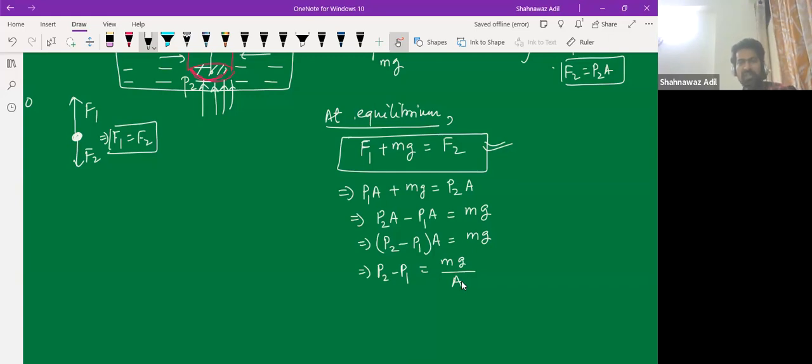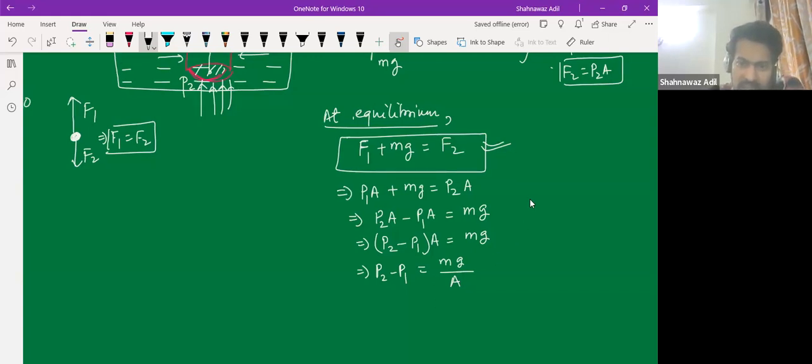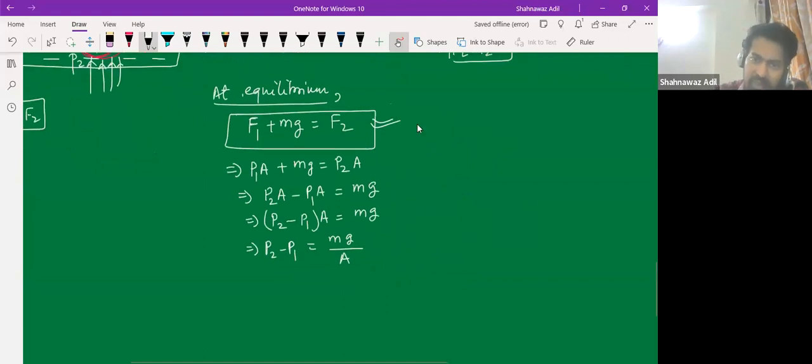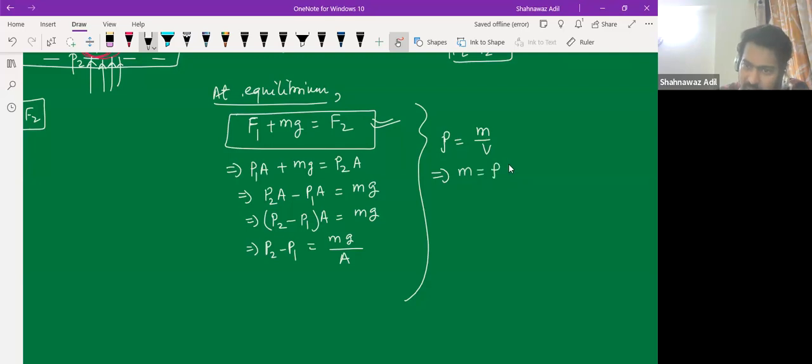Now I know the density, I know the mass, and I know the volume. So how are mass and density related with volume? Rho is mass by volume, so I can write mass as rho into volume, right?